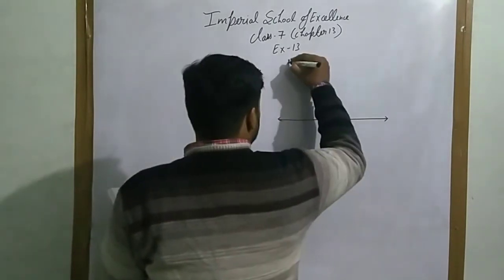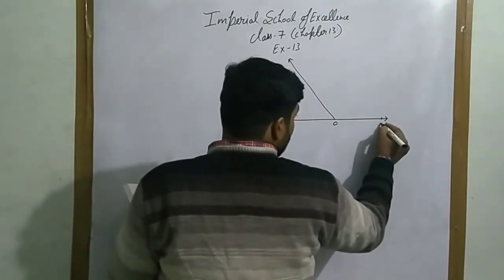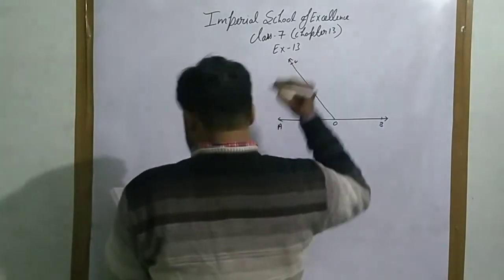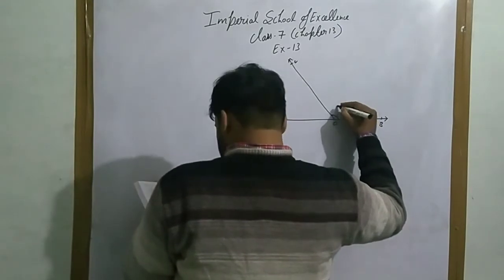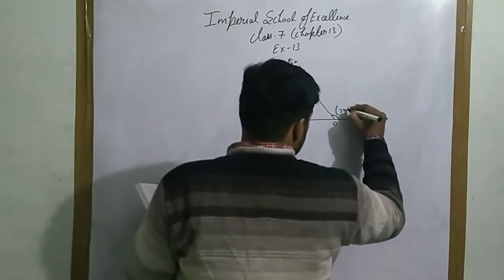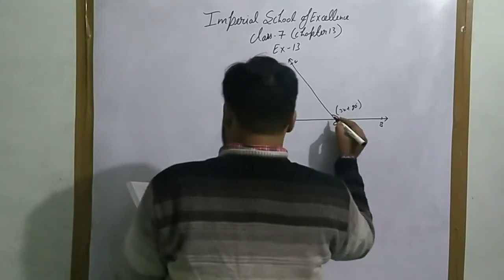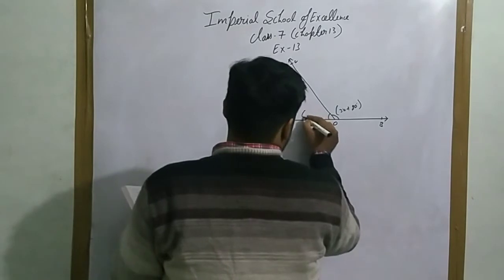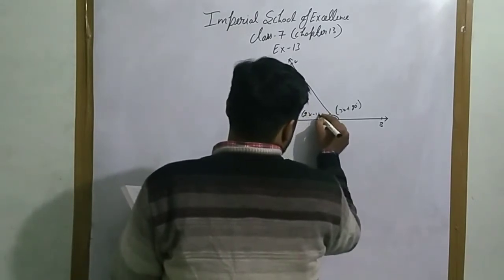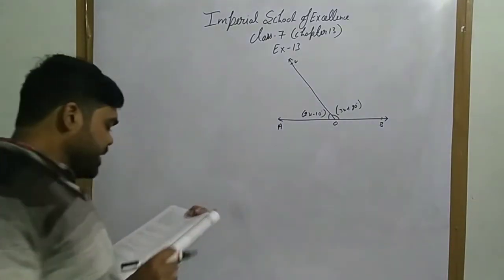A, O and B are given, and this one point C. After that, this angle is given as 3x plus 20 degree, and next this angle is 2x minus 10 degree.